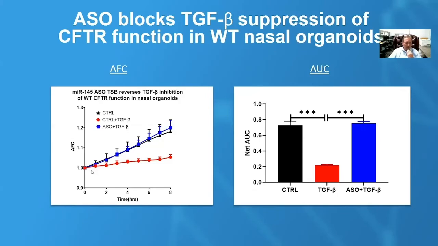We observe that fractional change over an 8-hour period. These are wild-type cells, so at baseline, which is the black line, we see the swelling. After TGF-beta stimulation, we see that swelling is neutralized, but then the ASO blocks TGF-beta inhibition of CFTR and restores the organoid swelling, and this is quantified to the right.